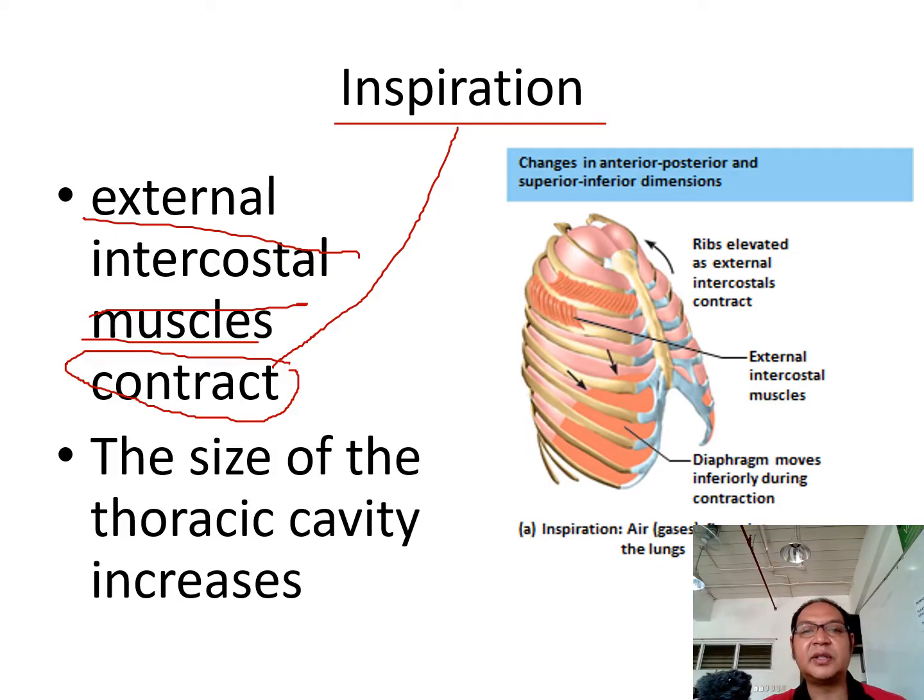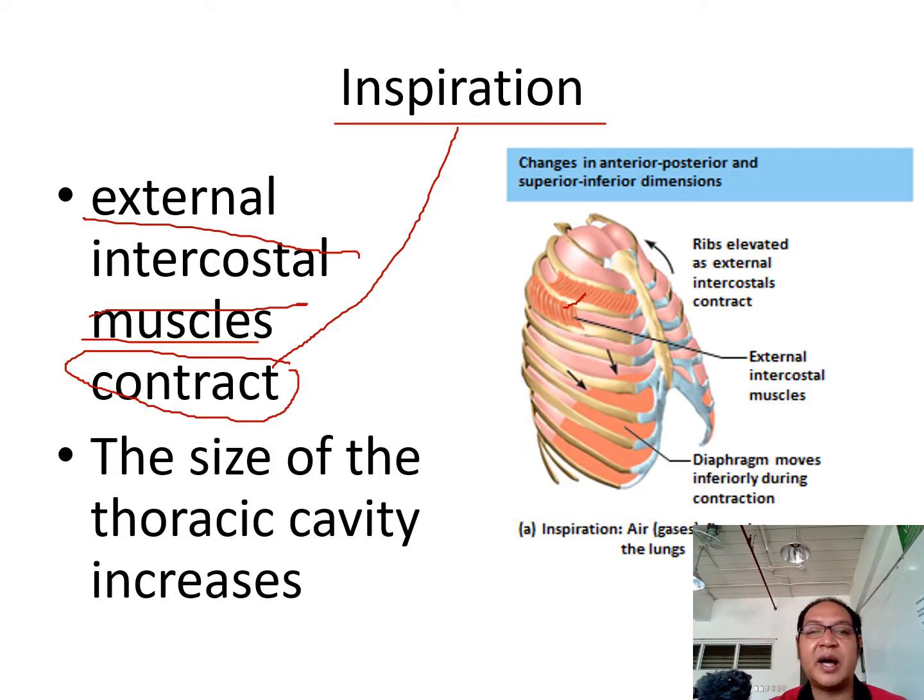This external intercostal muscle will contract and the size of the thoracic cavity increases. How? When it contracts, it pulls the ribs up. So it will pull the ribs up, and then it will increase the diameter of your rib cage.